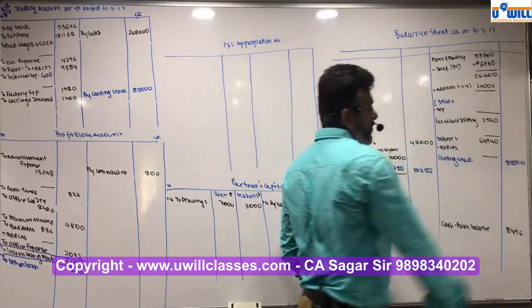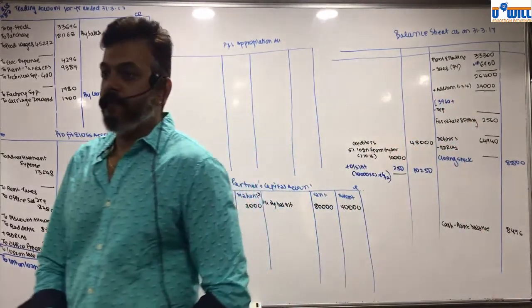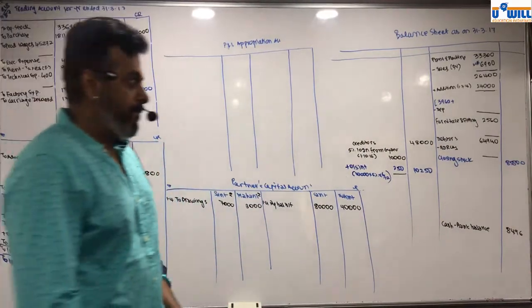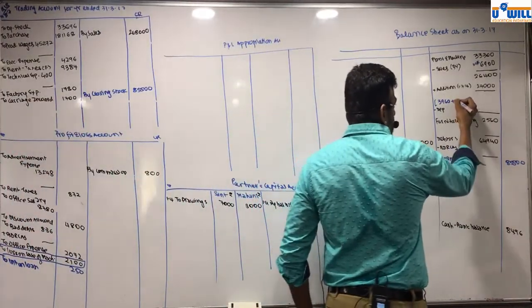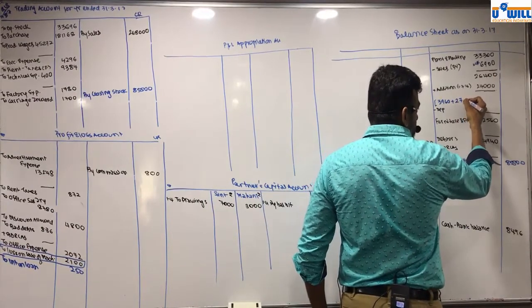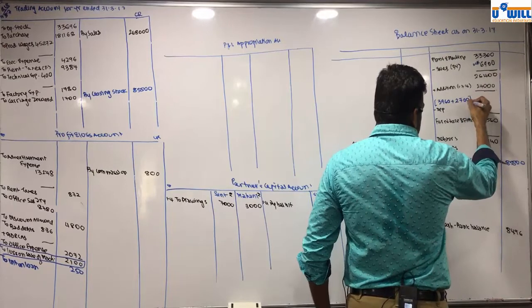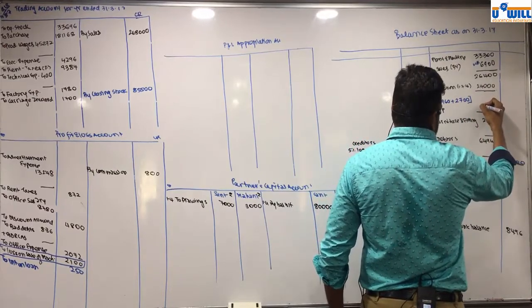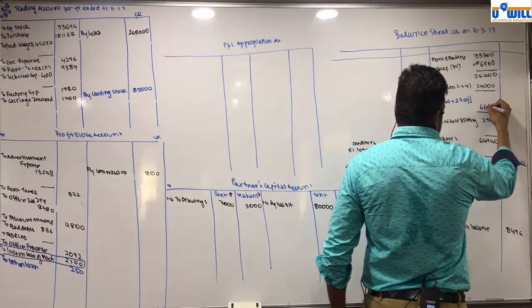And 1716, that is 9 months from July to March, what's the amount? 2700. So what's the depreciation? 6660.